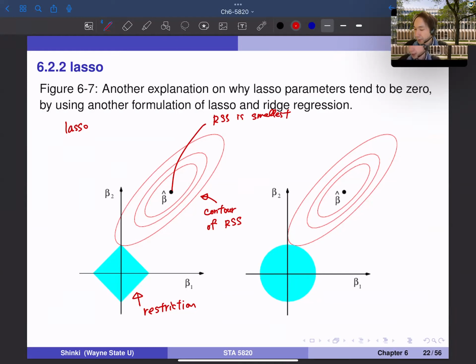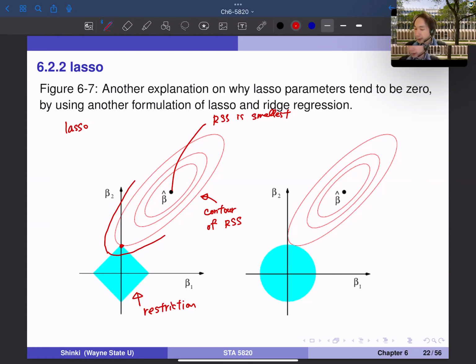If the contour touches this square, then that point is the optimal solution, because outside of this range the RSS is larger. Our objective is minimizing RSS with this restriction on the parameter. Given that the parameter is within this square, we want to minimize the RSS. So this is the optimal point.